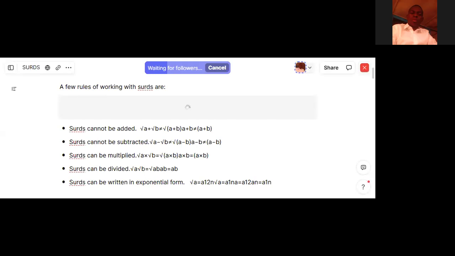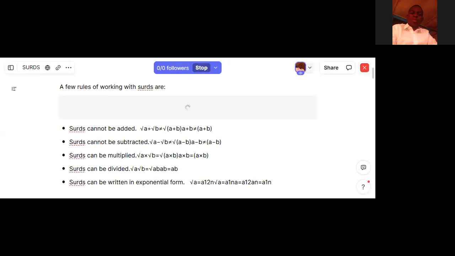Root A plus root B are not like terms, they cannot be added. Root X and root Y cannot be added.